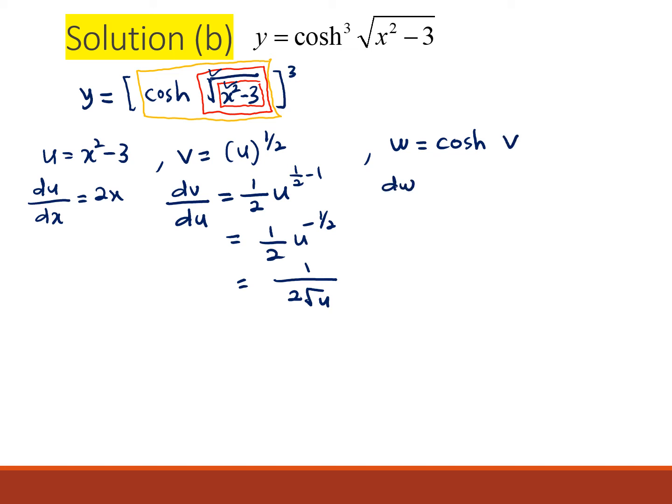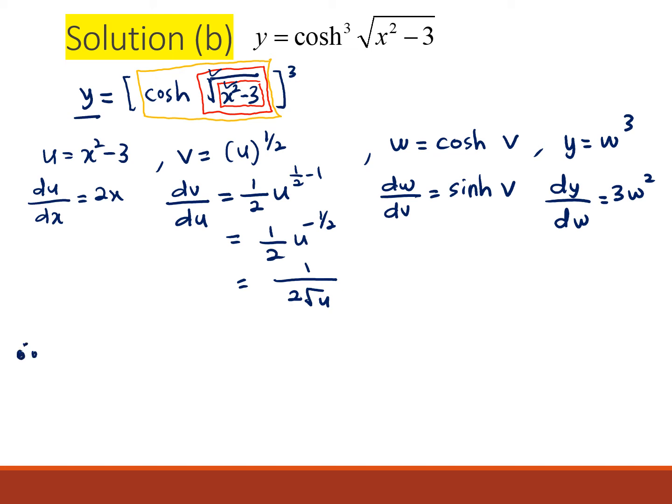So dw over dv is equal to sinh of v. And the last function we have is, of course, y, which is equal to w to the power of 3. Now we find the derivative, which is equal to 3w to the power of 2.